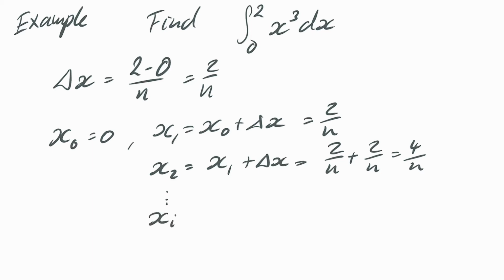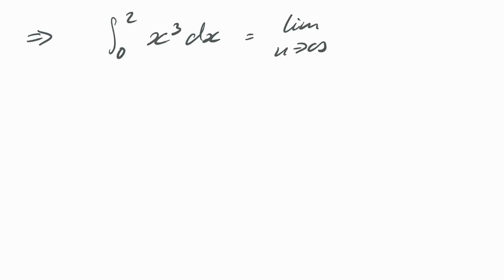So you see that xi is 2i over n. With this then, we see that if I just evaluate the function at the right hand point, so at x1 and x2 and so on, we just have 2i over n cubed times delta x, which is 2 over n. And this simplifies to.